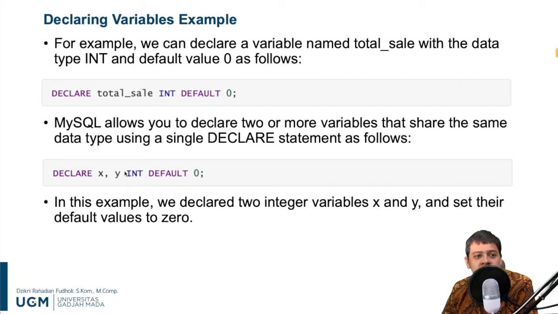Even though there are more variables, they can only be of one data type. If we want to use more variables with different data types, you need to declare them on separate lines. With the default 0, in this example we declare the two integer variables x and y and set their default values to 0.